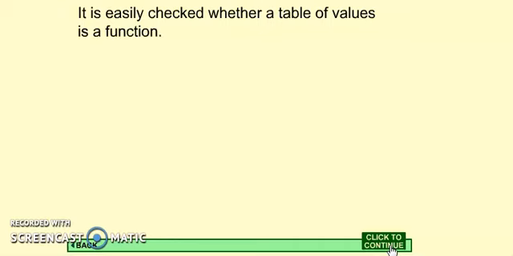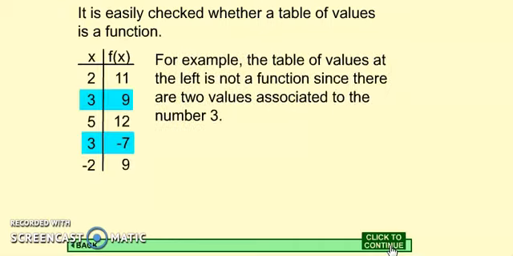It is easily checked whether a table of values is a function or not. For example, the table of values at the left is not a function since there are two values associated to the number 3. You can see that when you are inserting 3, the functional value gives you answer as 9. And when you are inserting 3 again, the functional value gives you a different answer, minus 7.